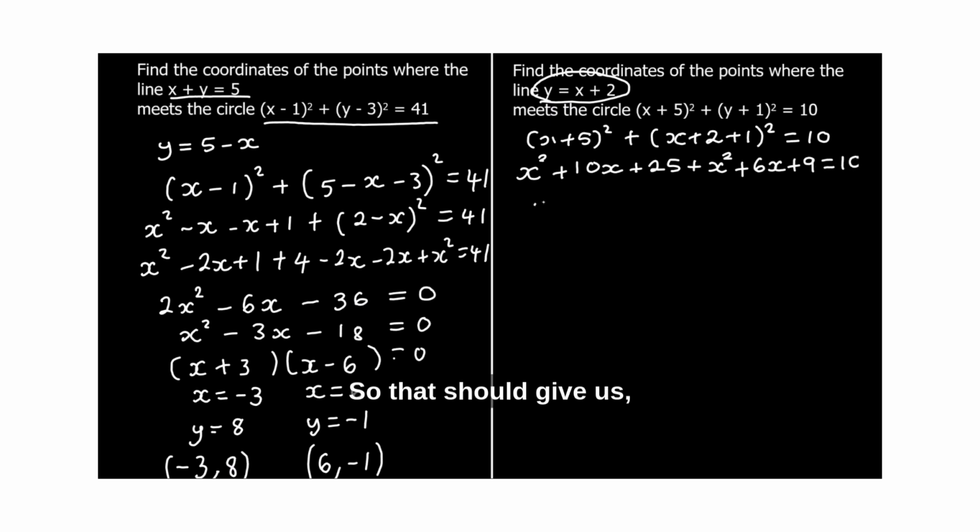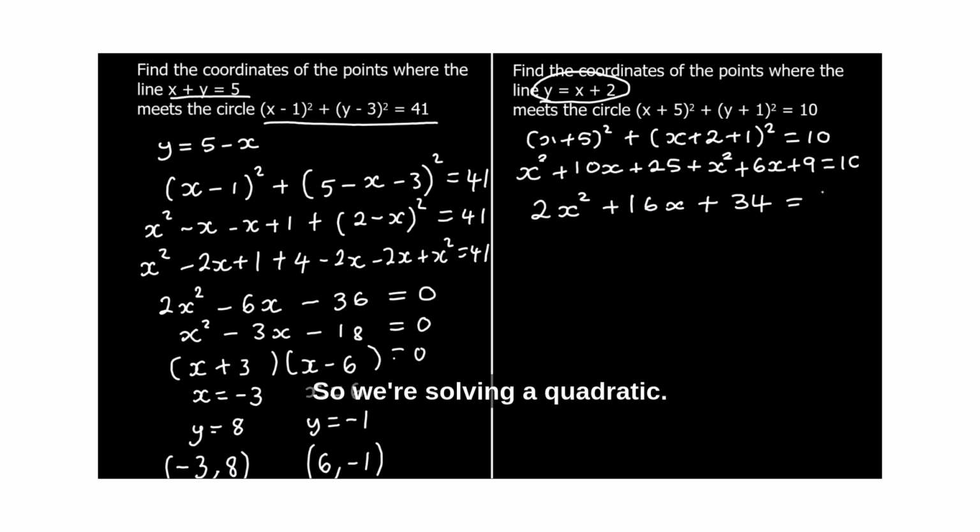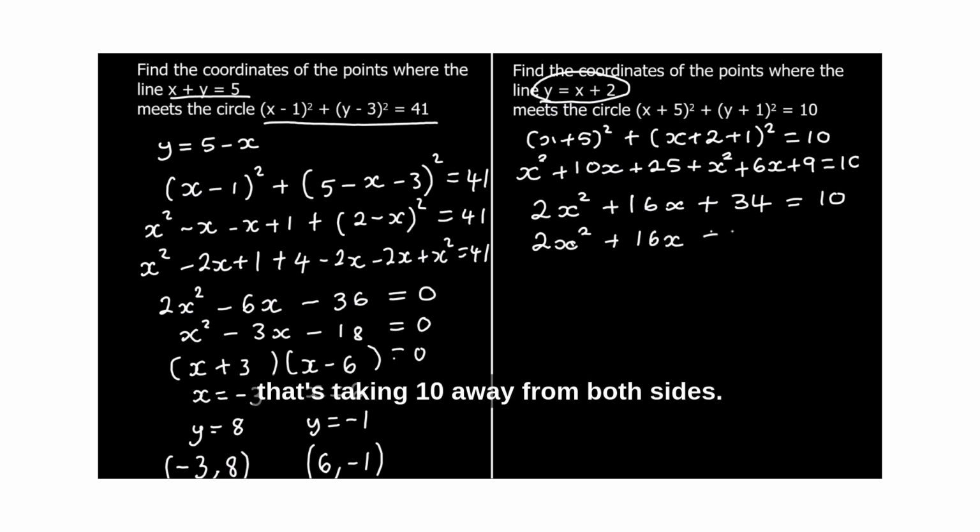So that should give us, simplifying these, 2x squared plus 16x plus 34 equals 10. So we're solving a quadratic, make it equal to 0. So that's taking 10 away from both sides.